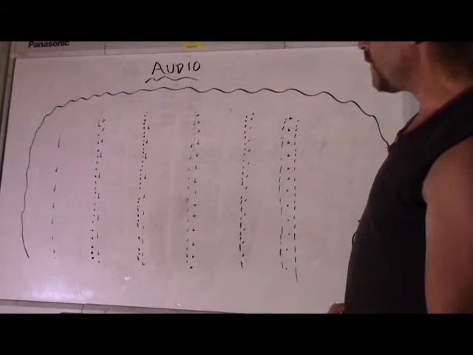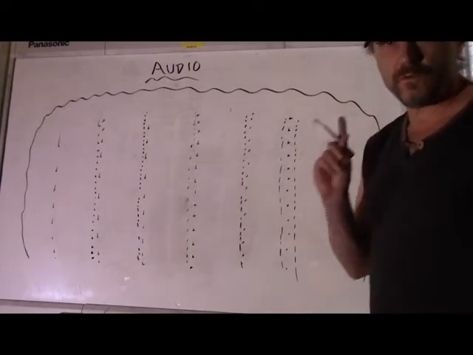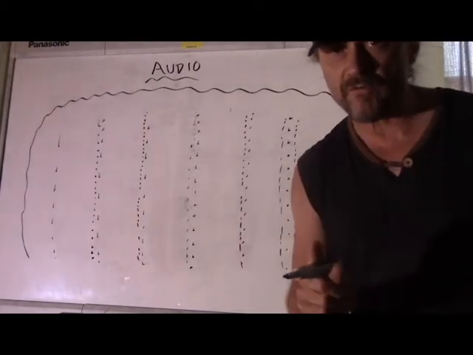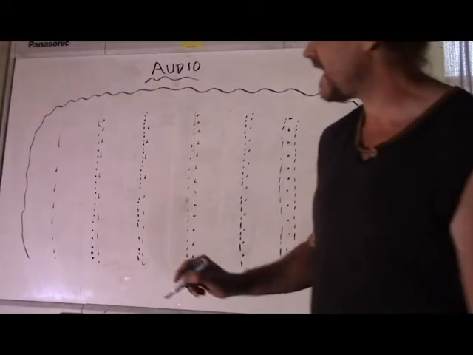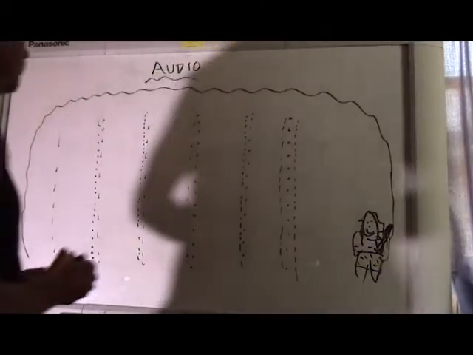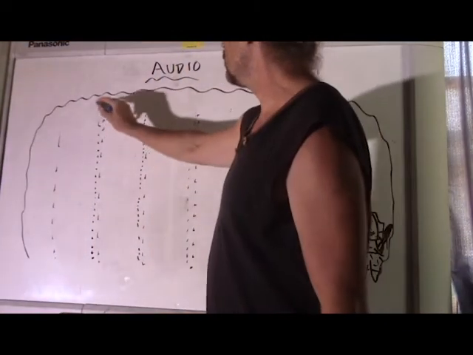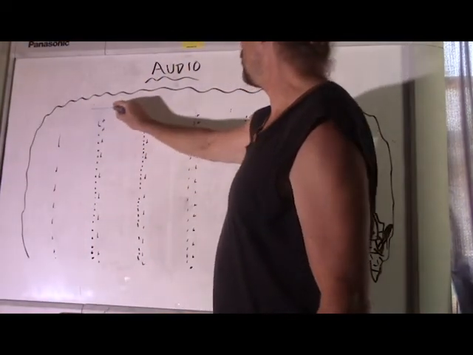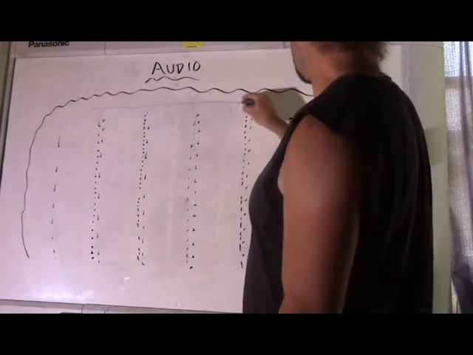okay? So the way we're going to make a graph to show how that's happening is like this. We'll have, let's say, that's our 0 line.